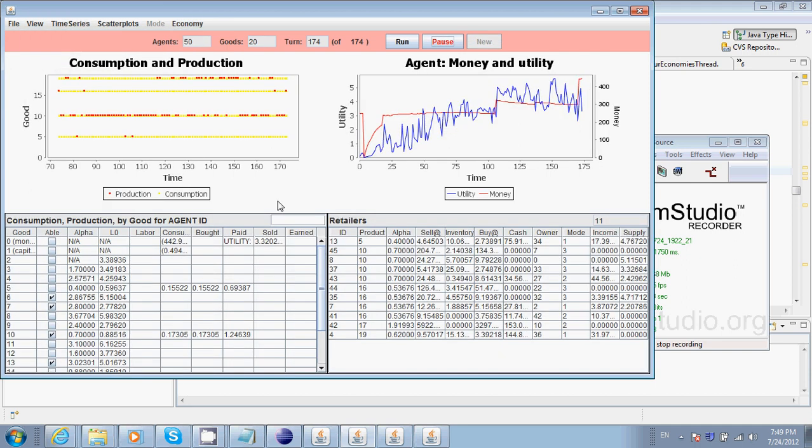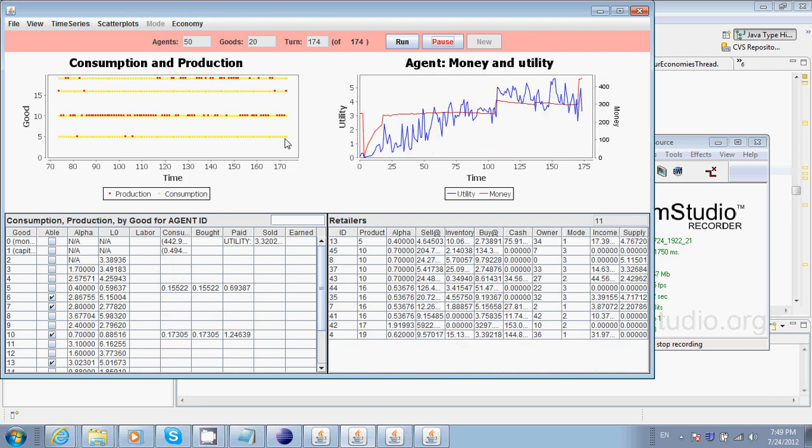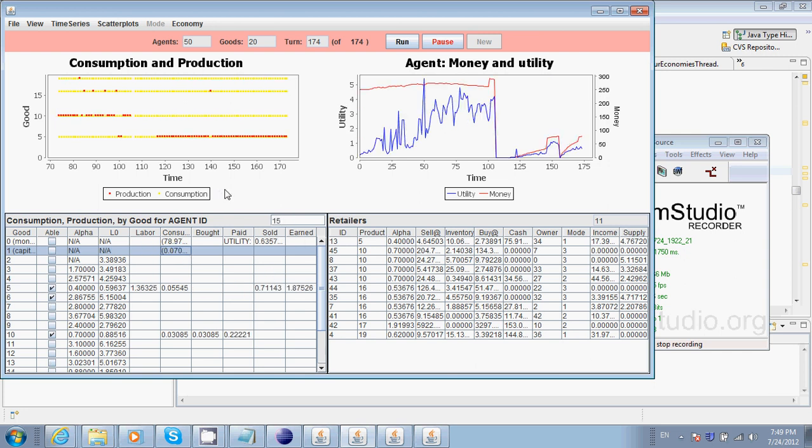This is just an agent picked at random. So this agent, each round, has a certain amount of labor that he can dispose of. Basically, it comes from his capital. We can switch around and look at a lot of different agents.